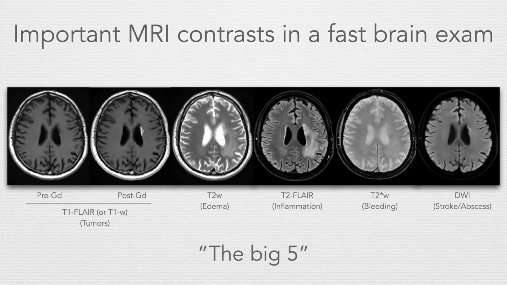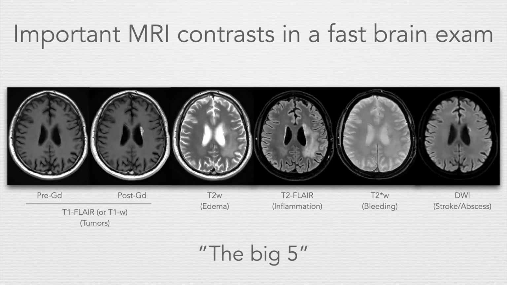We have T1 FLAIR sequences for finding tumors. We have T2, which has high signal for fluid. We have T2 FLAIR for finding everything that is not normal, not least inflammation.